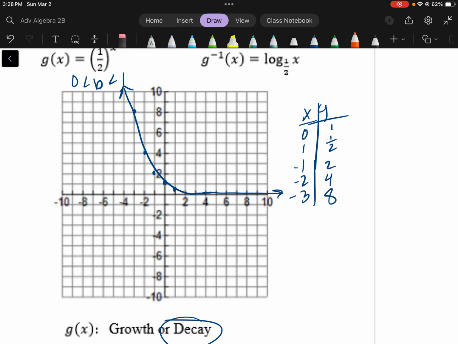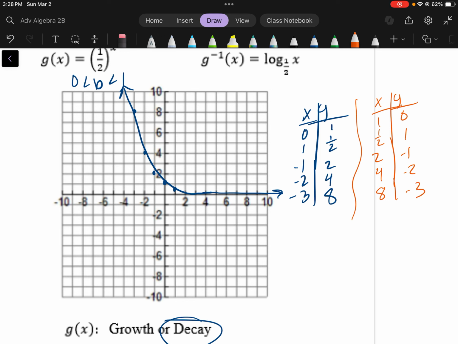And so our exponential decay graph looks like this. Okay, so there's the decay. And then again, if exponentials and logarithms are just inverses, I can take all of my x and y values and just switch the spot that they're in, and I can get my new graph.